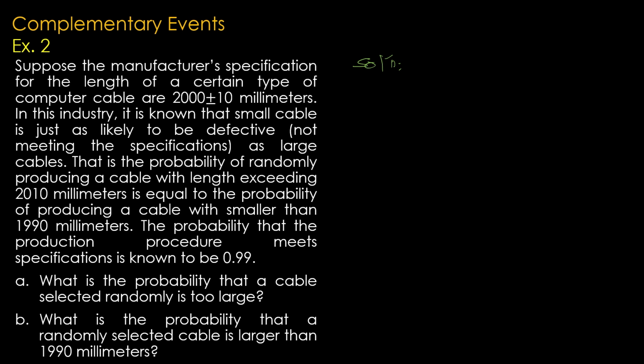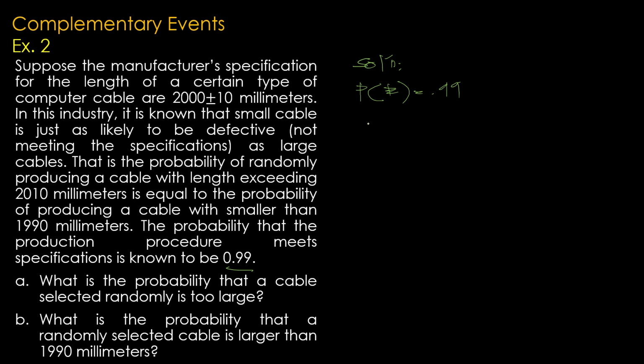It says here in the problem that the probability that the production procedure will meet the specification is 0.99 or 99%. So the probability of getting the exact specification, which is 2000 mm, is 0.99 or 99%. That's quite high.